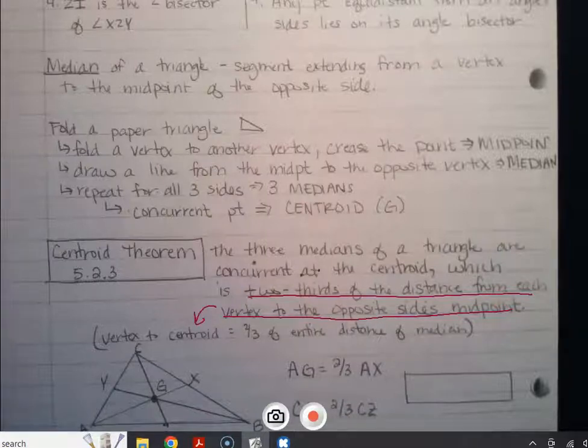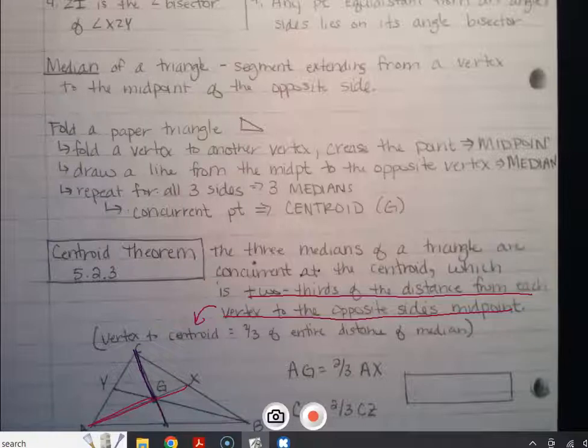So in this one, A to G equals 2/3 of A to X. Fair enough? On the next one, we have C to G. C to G equals 2/3 of C to Z. So what's the last one? Let's put it in that box.